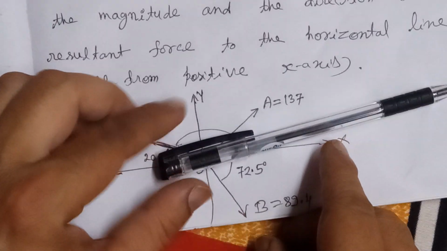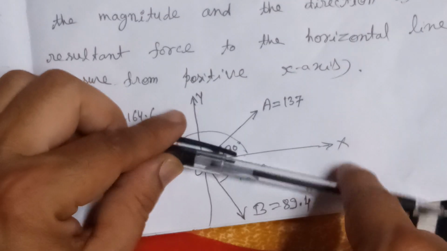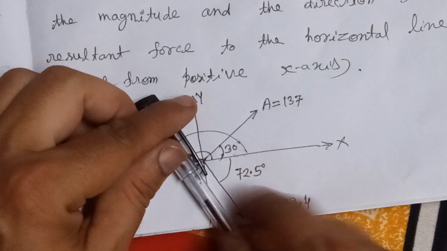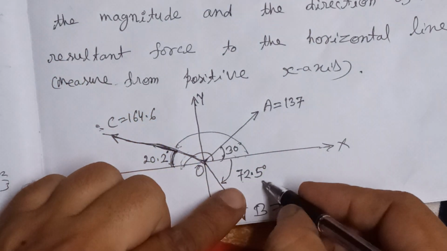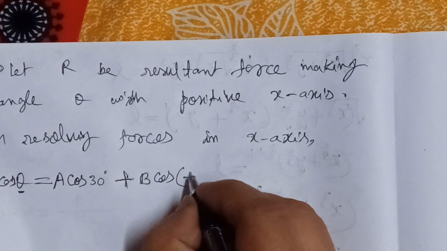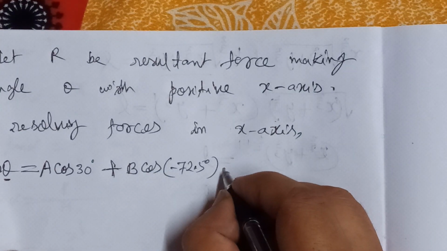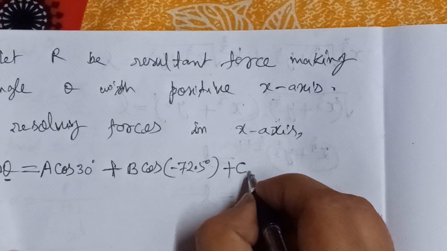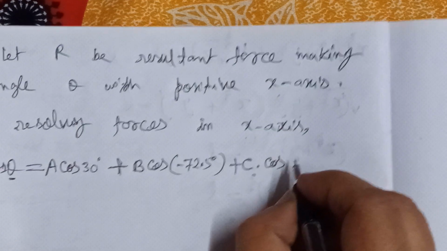If we measure the angle in the clockwise direction, this angle becomes negative. So I write this angle as negative 72.5 degrees, minus B cos 72.5 degrees, and the third force is C, and we have to write here the angle with the positive x-axis.